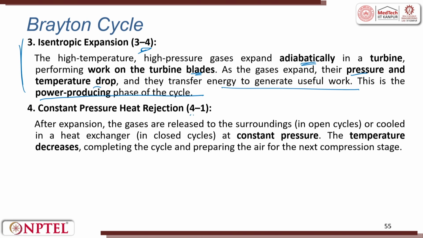The constant pressure rejection: after the expansion, the gas is released to the surroundings in an open cycle. If it is a closed cycle, it is cooled and taken back into the system. So, cooled in a heat exchanger in a closed loop system at constant pressure, the temperature decreases, completing the cycle and preparing the air for the next compression cycle.